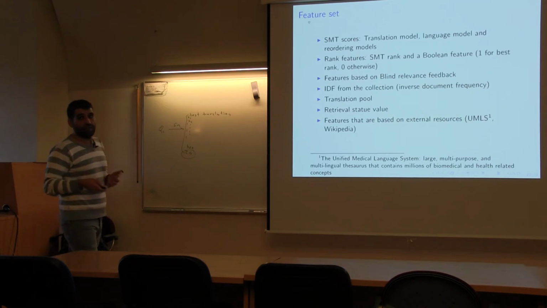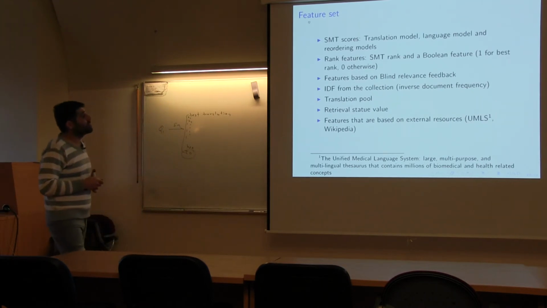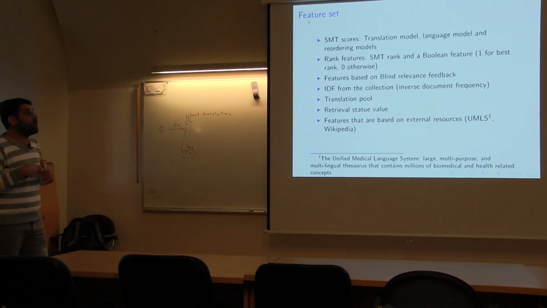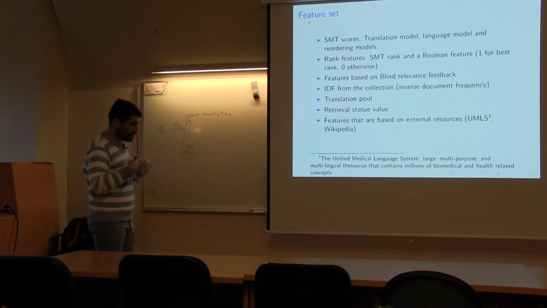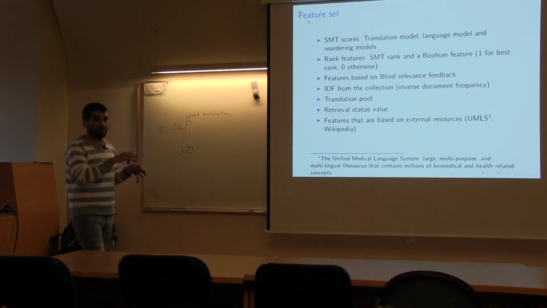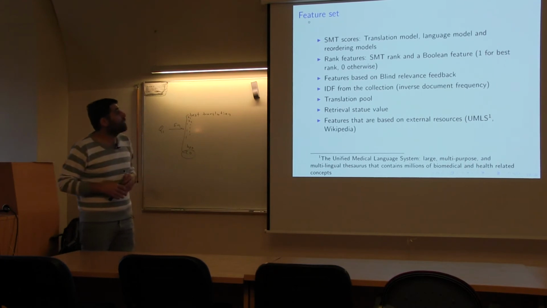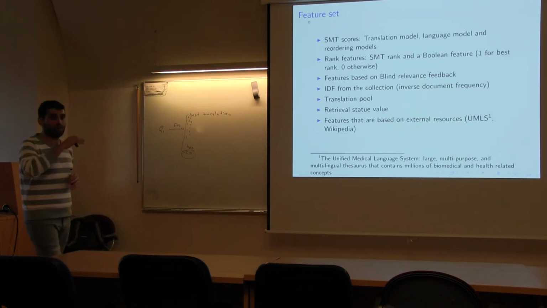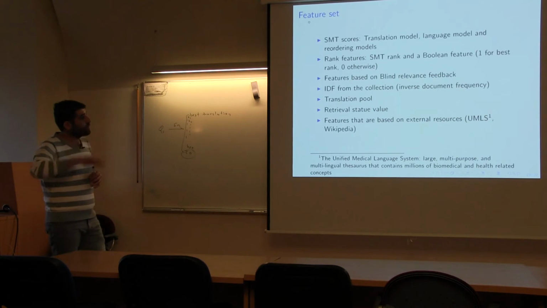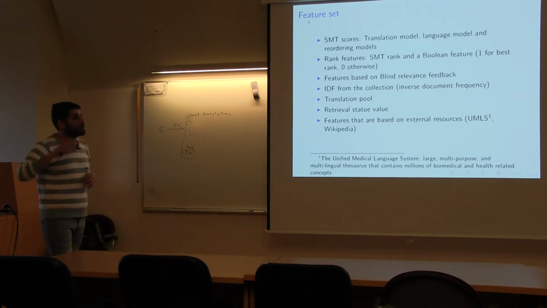To train this model, we use some features. First, when we translate a sentence using Moses, we can turn on the verbose output of Moses and get all the scores that were used to calculate the scores for each translation.